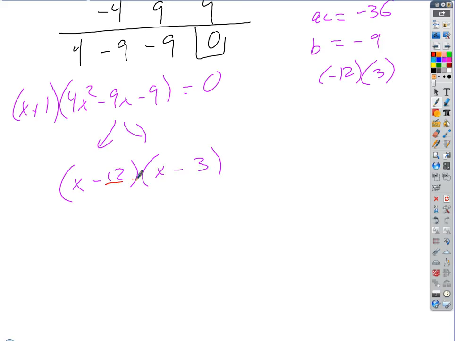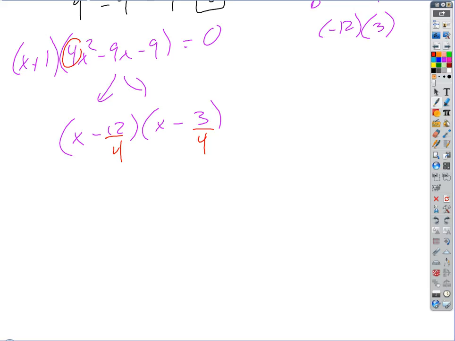What do I divide each of the constants by when we're doing bottoms up? 4. Yeah. So then what do those become when I go bottoms up? This is going to simplify to what? 3. And this one doesn't simplify.